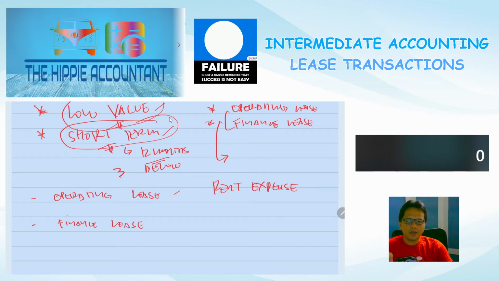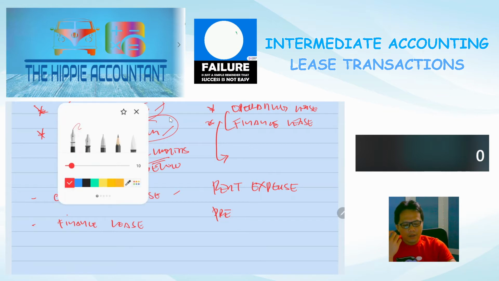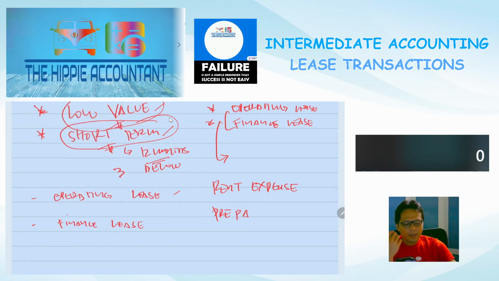Regular transaction. Kung binayaran mo siya in advance, then record it as a prepaid rent. Yung normal.